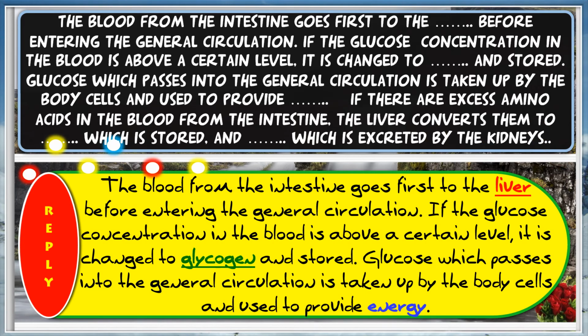The blood from the intestine goes first to the liver before entering the general circulation. If the glucose concentration in the blood is above a certain level, it is changed to glycogen and stored. Glucose, which passes into the general circulation, is taken up by the body's cells and used to provide energy.